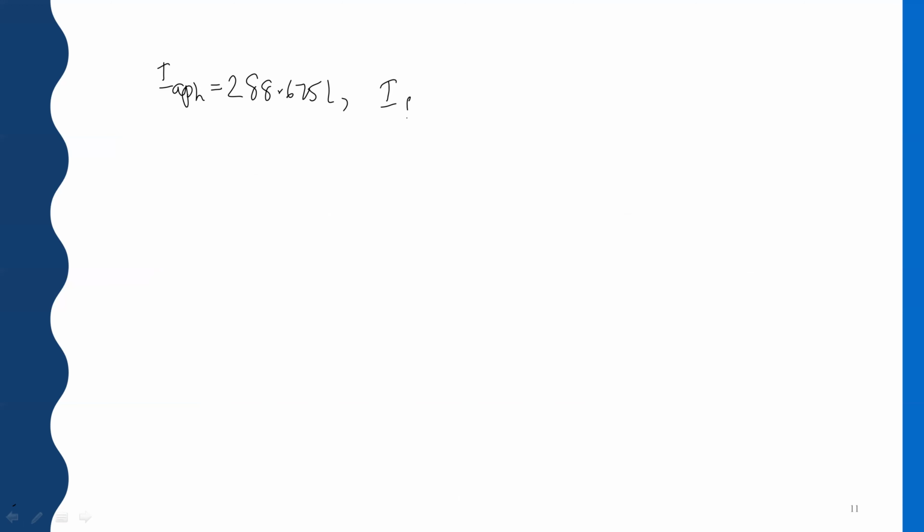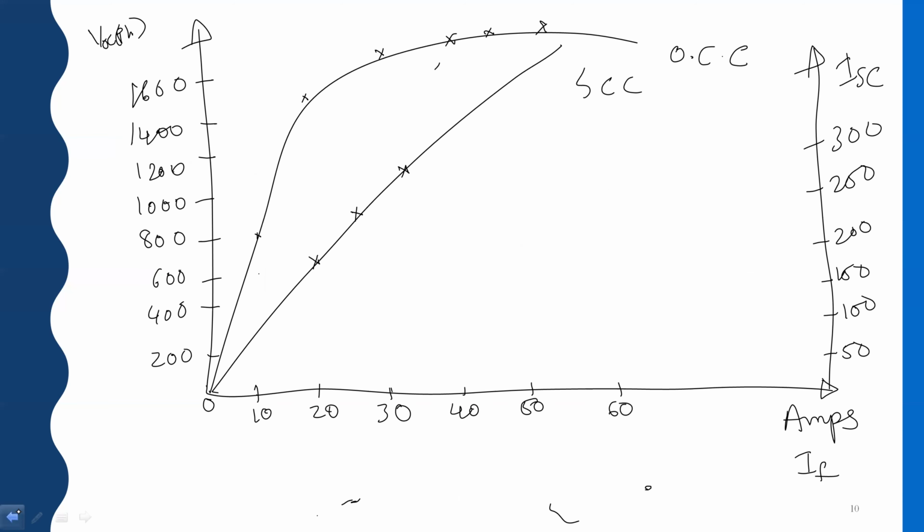Very important. So go back to your graph. Refer IA per phase, 288.6751. IA short circuit is approximately here.